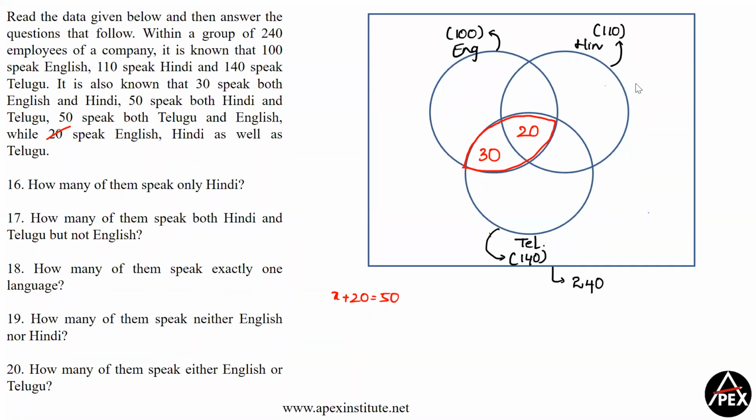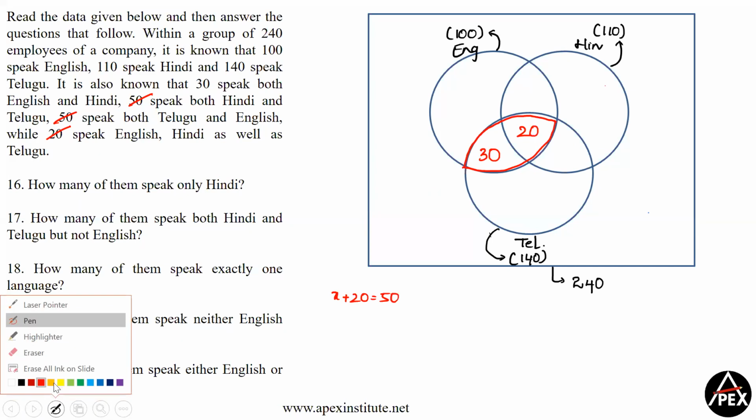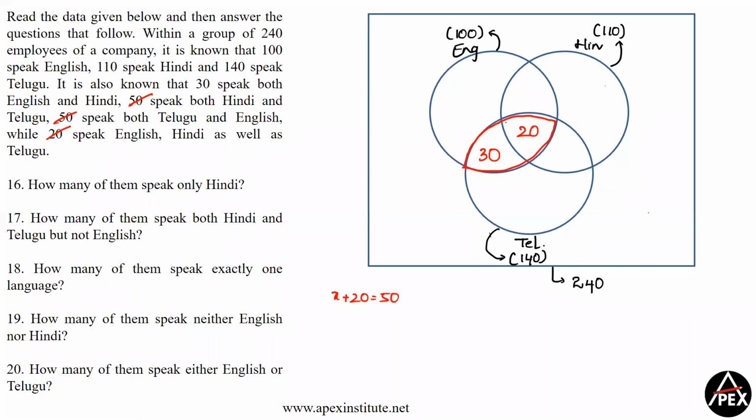Now we have 50 employees speaking both Hindi and Telugu. We have considered this. 50 speak both Hindi and Telugu. So what is the common region between Hindi and Telugu? This one, isn't it?